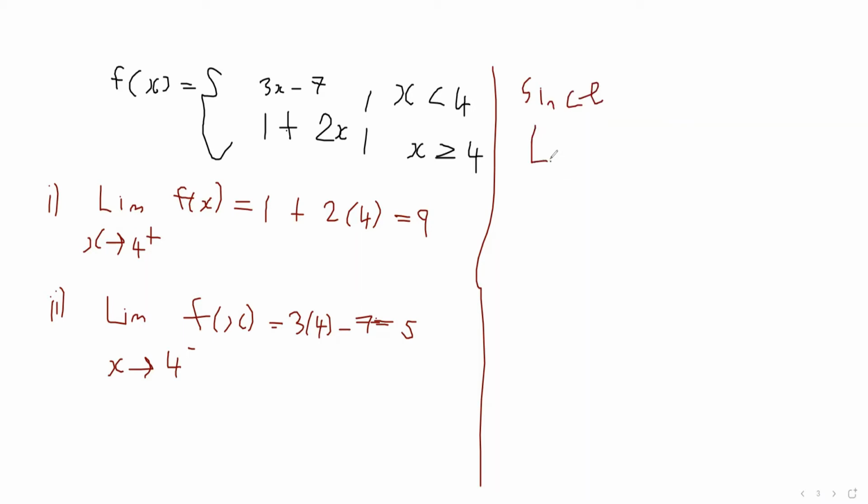You write it in symbolic form: since the limit as x approaches 4 from the left of f of x is not equal to the limit from the right, therefore f of x is not continuous.